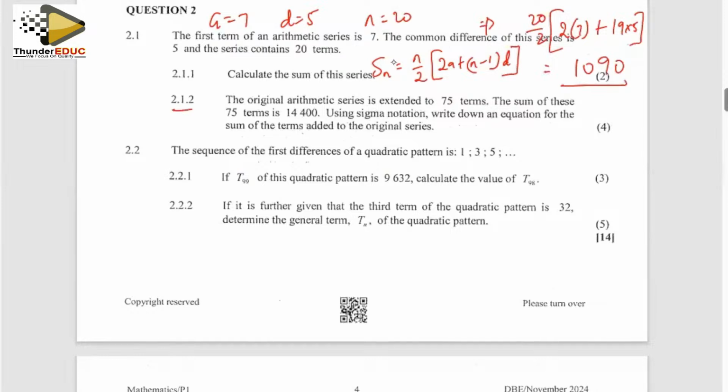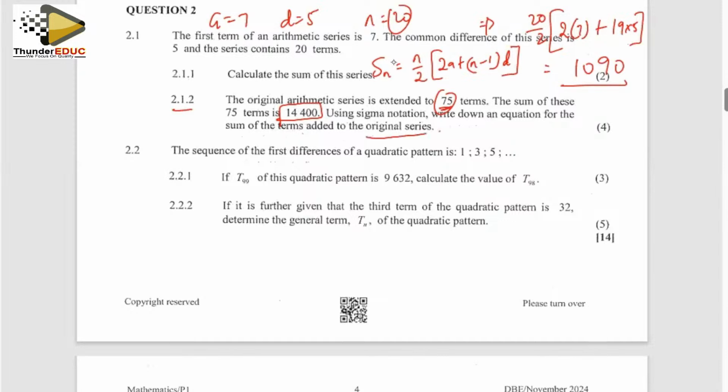2.1.2: the original arithmetic series is extended up to 75 terms. Remember, initially we had 20. Now we're talking of 75 terms. The sum of the 75 terms will be given as this. We don't need to confirm that, okay? Using sigma notation, can we write down an equation for the sum of the terms added to the original?